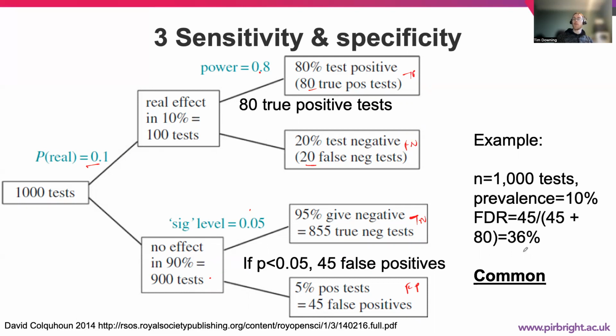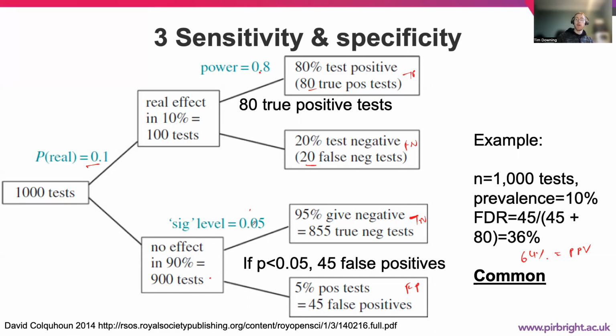So 64%. But that test is still not really something that you're going to use more widely because the PPV is still very small. So therefore we need higher power to detect true effects.